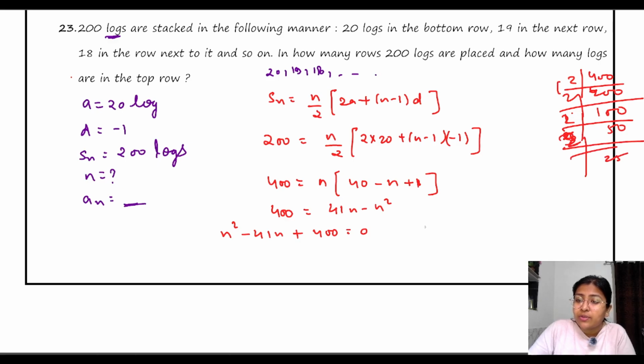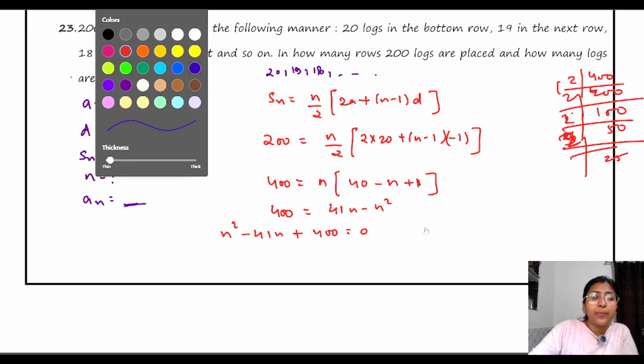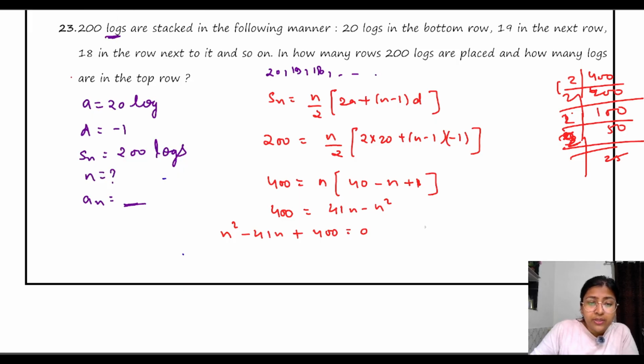Multiply these. So 4 4s are 16. 16 and 25 addition is 41. Okay, so we pair up the numbers. So it is n square minus 25n minus 16n plus 400 equals 0. Now taking n common from the first two terms, you will have n minus 25, and taking minus 16 from the next two terms, you will have n minus 25.